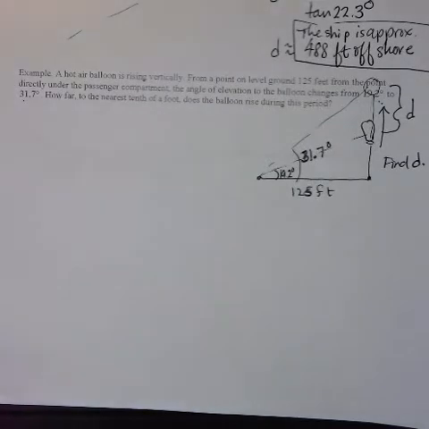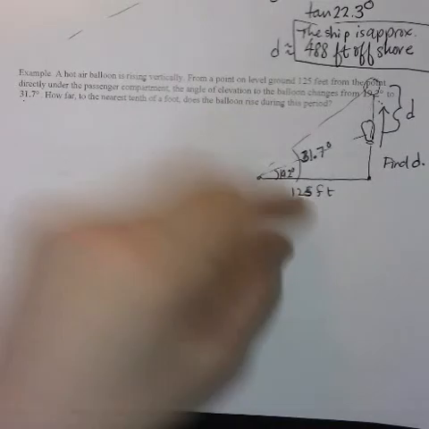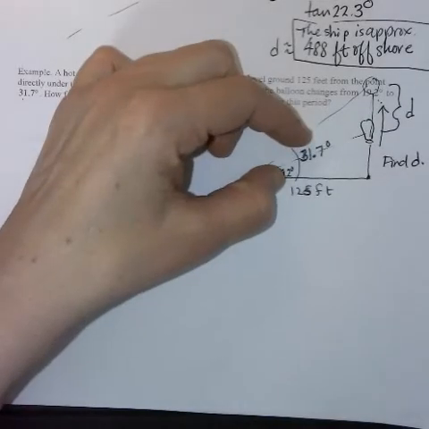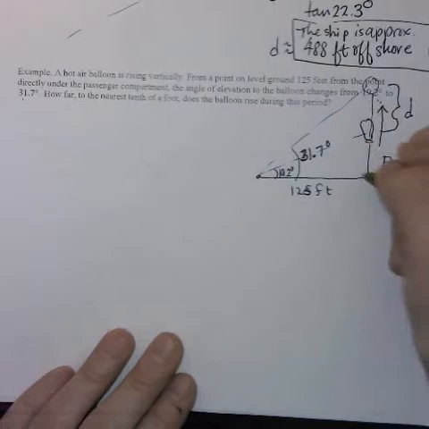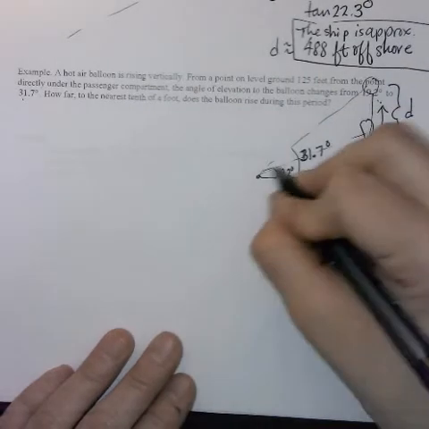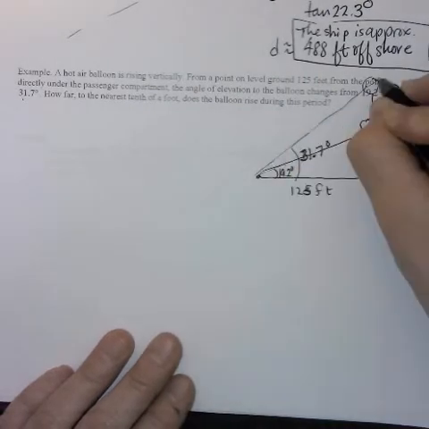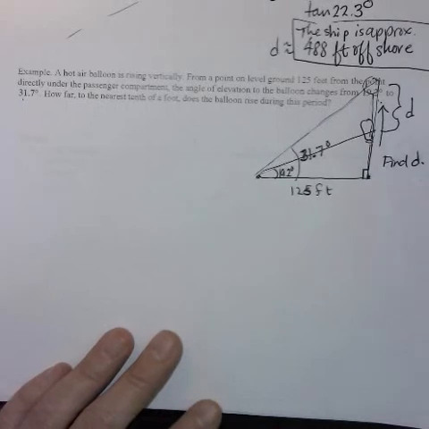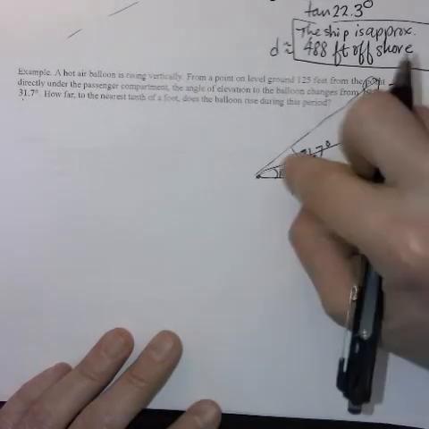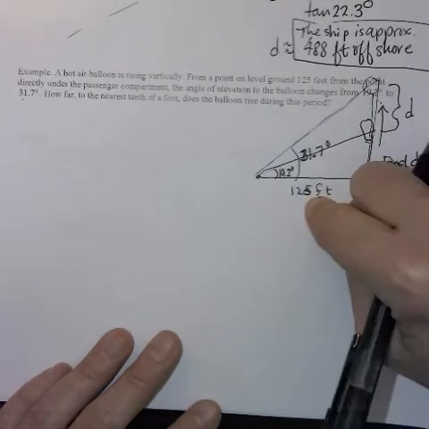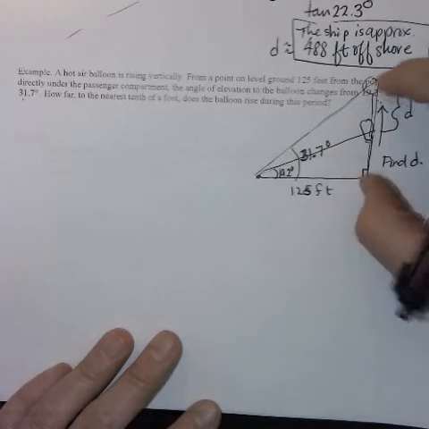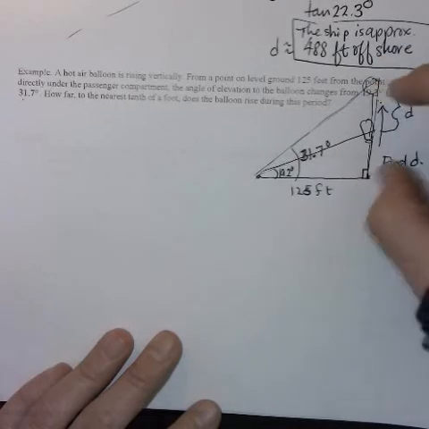Okay, so we know this side and we know these angles, and notice this is a right angle, so we have two right triangles here to work with. Now again, we have angles and opposite and adjacent sides of those angles. Now the opposite sides are unknown, but I'm using that because that's where D is at.